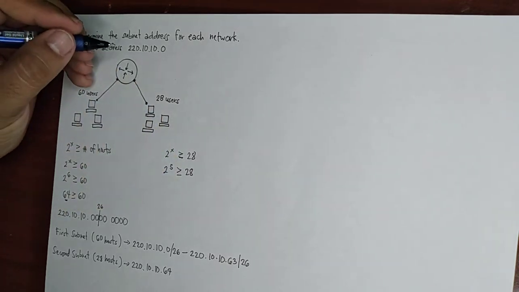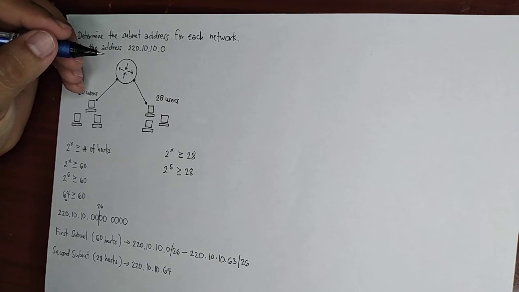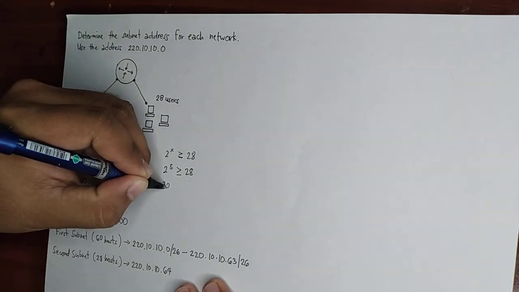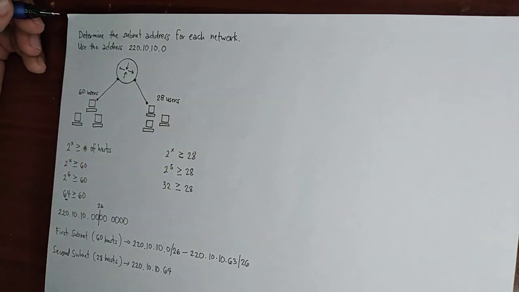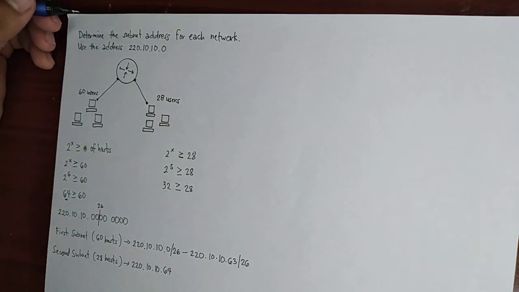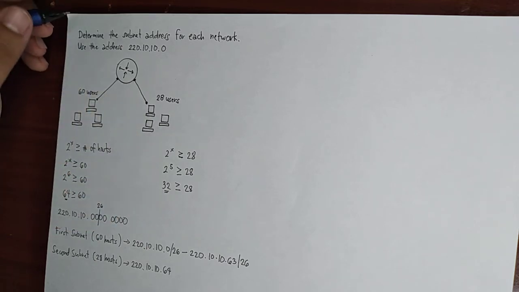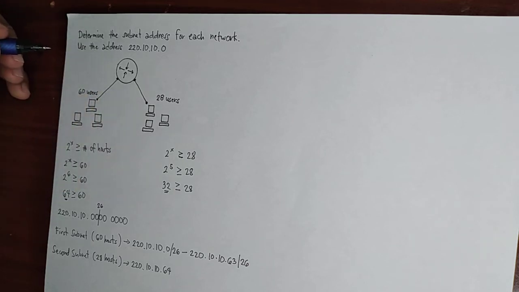What is 2 raised to 5? 2 times 2, 4 times 2, 8 times 2, 16 times 2, 32. So we have 32 greater than or equal to 28, and our next hop is at 32. But here we are just expected to give the second subnet.